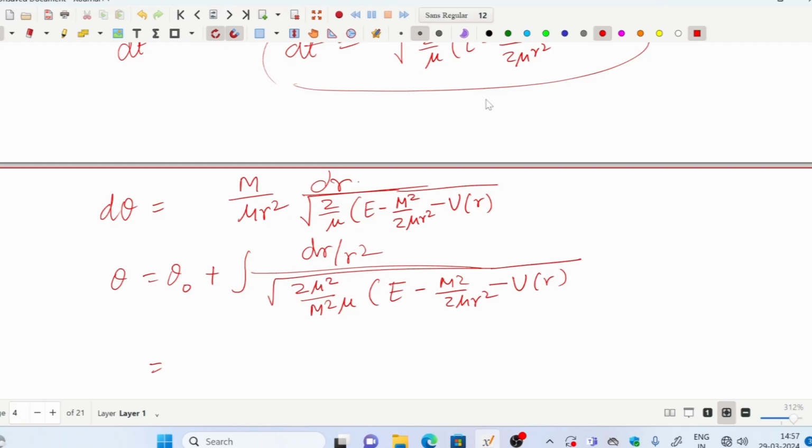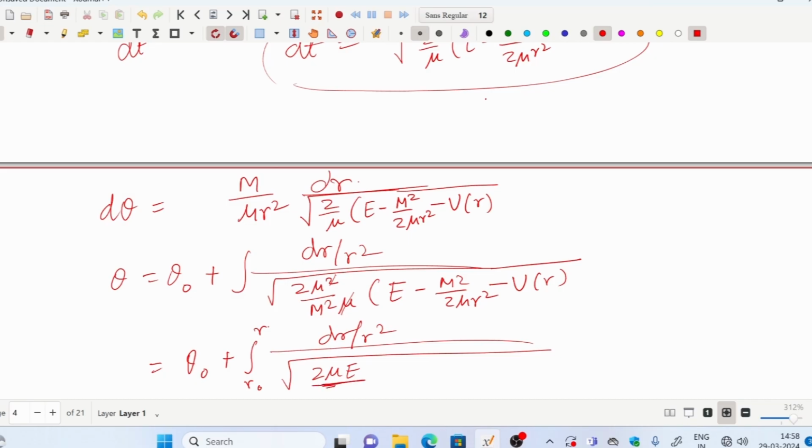So this will be theta 0 plus the integral from r0 to r of dr by r square, and then the square root, if I take 2 mu inside, this will cancel, leaving 2 mu E by m square minus 1 over r square minus 2 mu over m square U of r, or if you want you can take the m square outside.